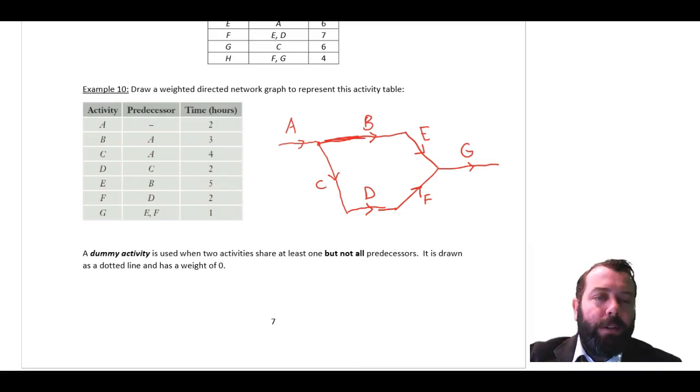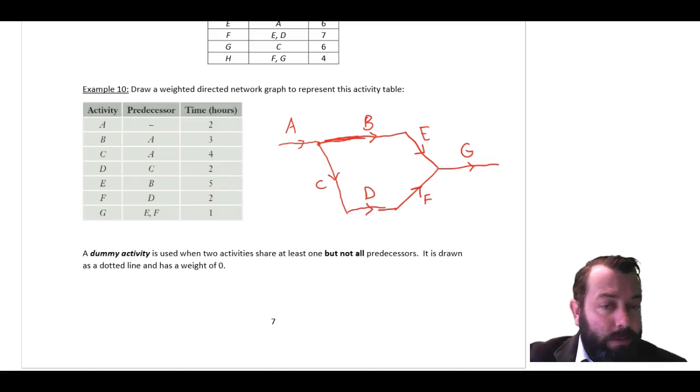So what we do is, in that case, we don't bring E and F together. We keep them separate, except for a dotted line, an activity edge, a dotted line with an arrow on it, that would go from E to F. That's called a dummy activity.